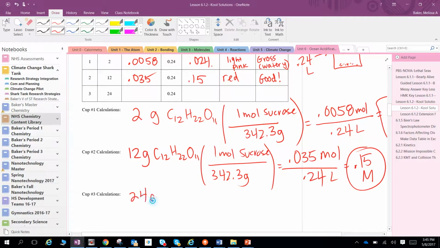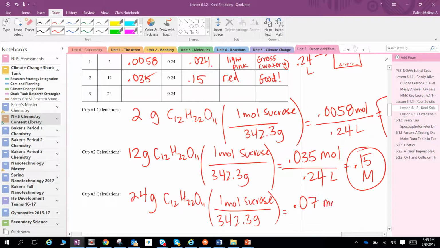And for cup number 3, we added 24 grams of the sucrose to the cup, and filled to the line with water. And so this is actually double the amount of moles from that second cup. So it makes sense that this comes out to be 0.07 moles, twice as many as before. 0.07 divided by the 0.24 liters, and we found out that we had a 0.29 molar solution, so about 0.3.